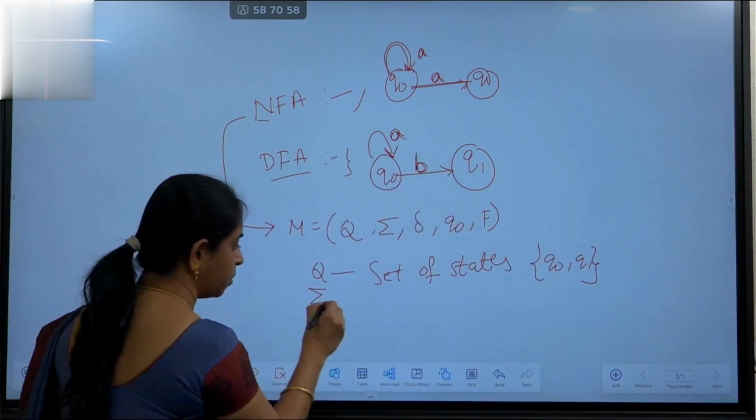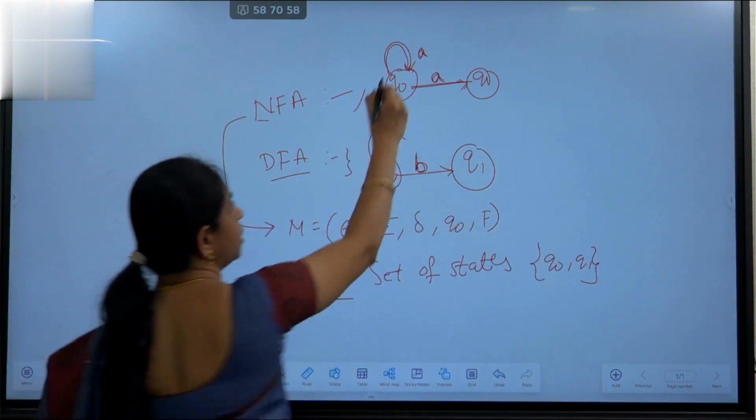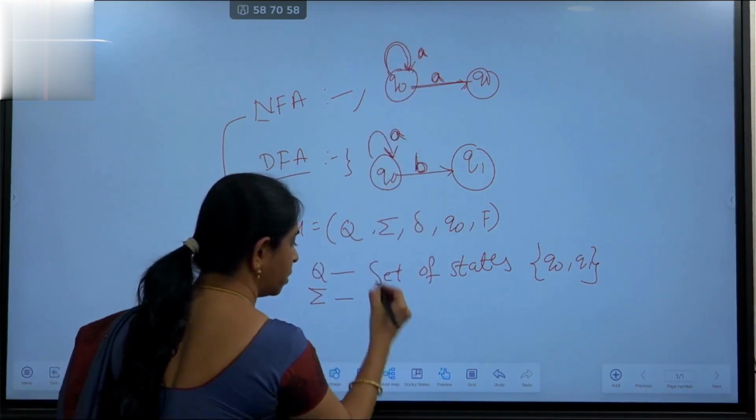Next, sigma means the input alphabets. In our NFA we have a single input alphabet, that is small a.